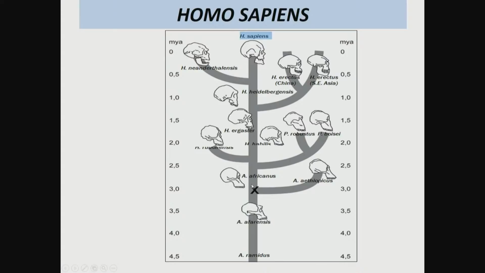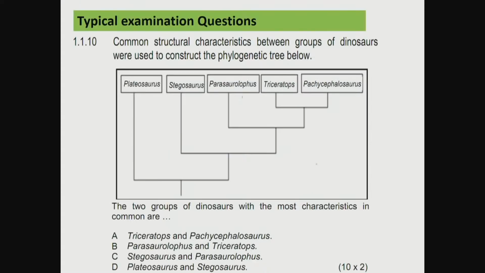So a lot of questions can be asked on this one. What are the differences between Homo sapiens and, for example, Australopithecus afarensis, and the similarities, but we will come to that later on. But just given a phylogenetic tree, we can ask a lot of questions.